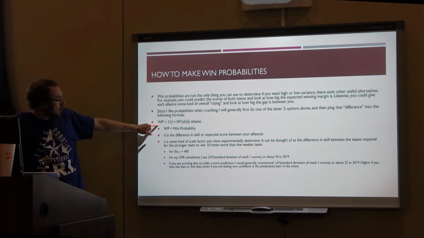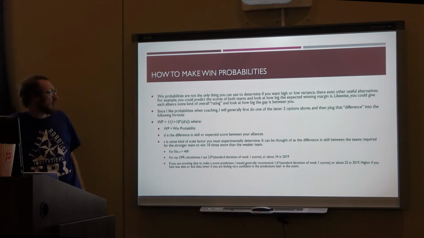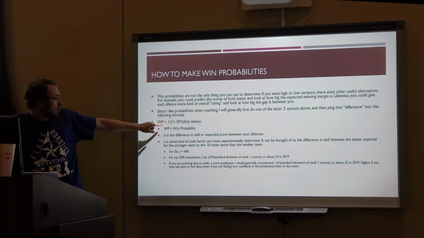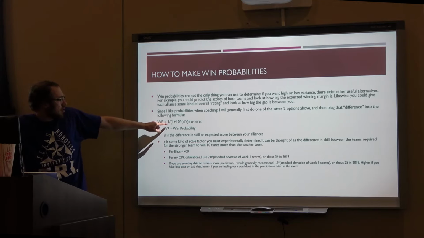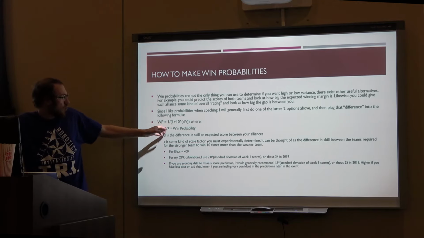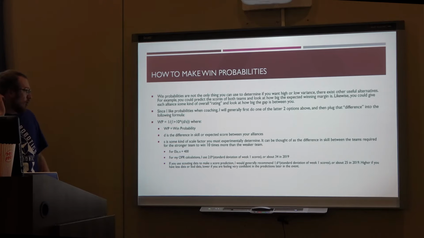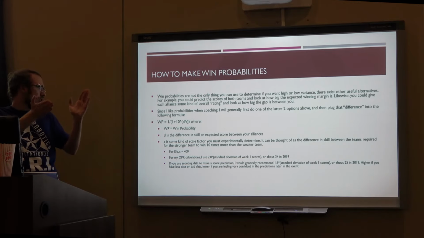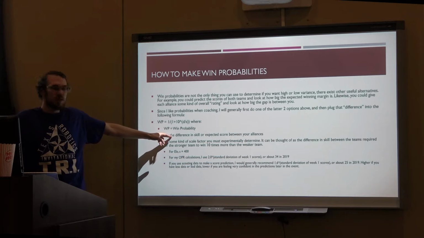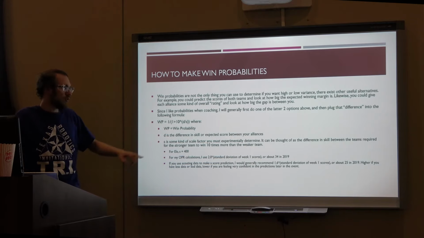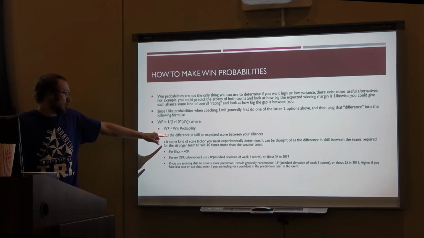This is the formula that I use. This is actually the formula I use for my Elo match predictions, as well as my OPR match predictions. So the win probability is 1 divided by 1 plus 10 to the power of D over S, where D is the difference in skill between the two alliances, or the difference in predicted match scores.